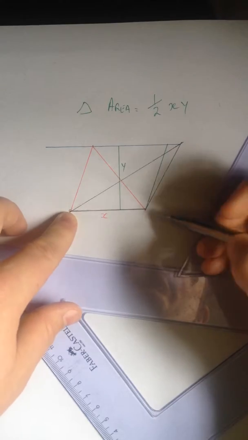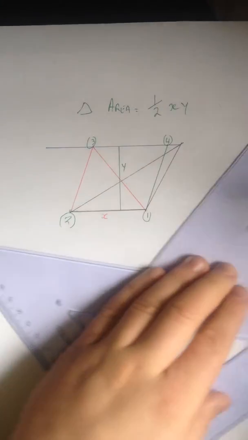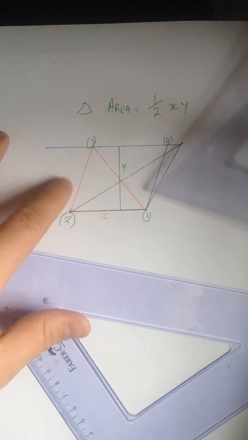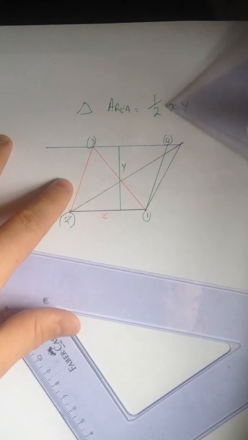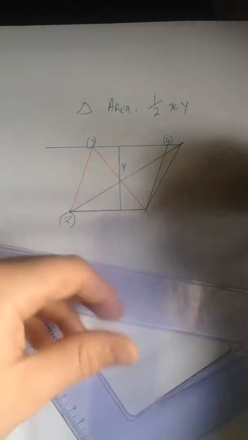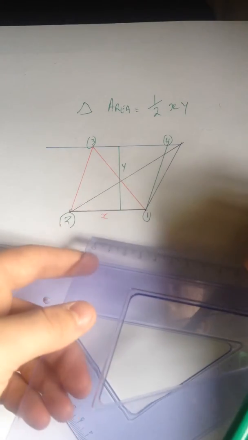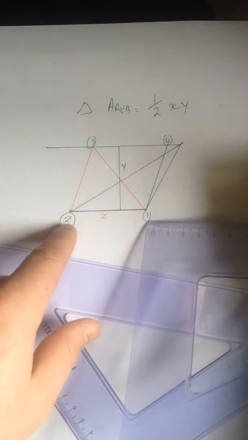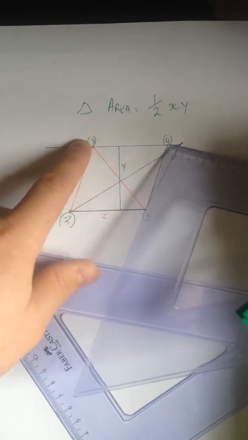So from this point, 1 to 2 to 3 over to 4, we know that the area of this parallelogram is the base by the perpendicular height. And as we can see, two triangles fit into this base. Triangle 1 is 1, 2, 3, and triangle 2 is 1, 3, 4.